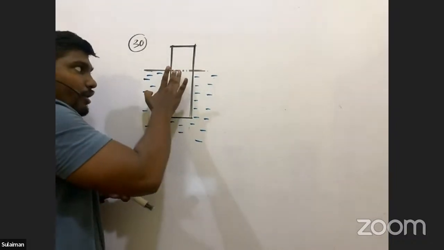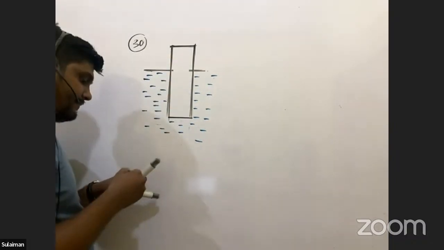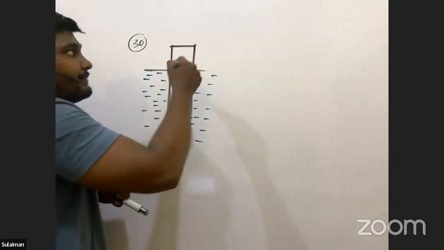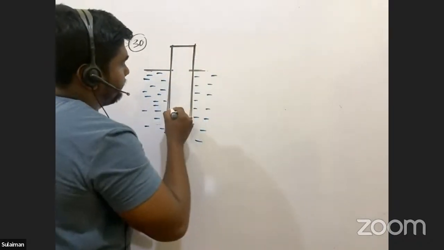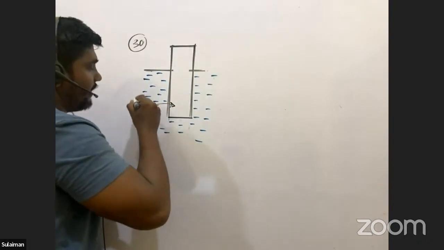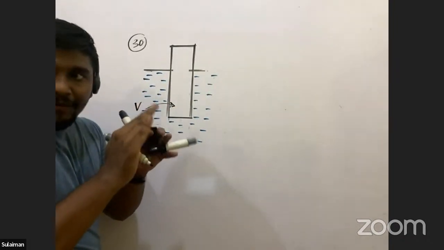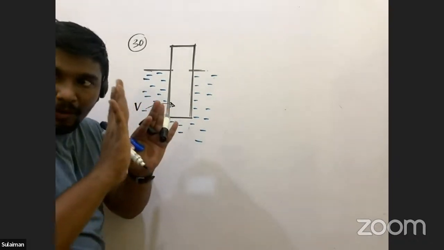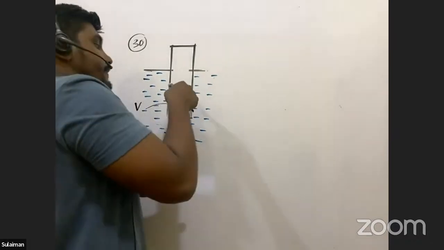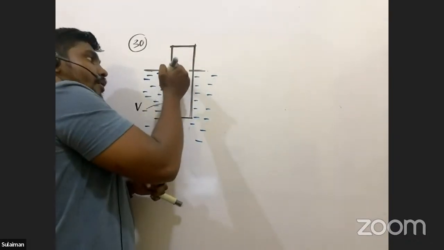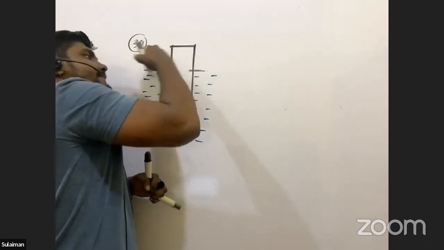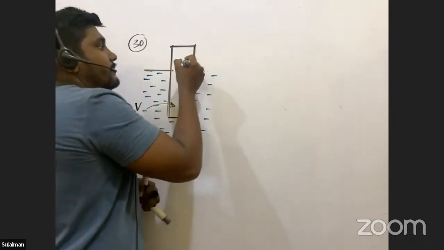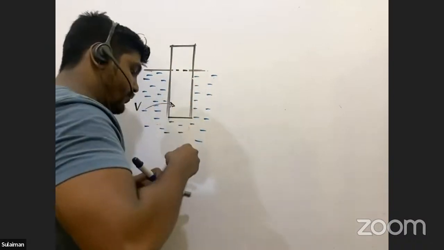Let's say the total volume of this object is capital V. They say 20% of the object is above the water. If the total volume is capital V, what is the volume above the water surface? 20%, that means 0.2 V.